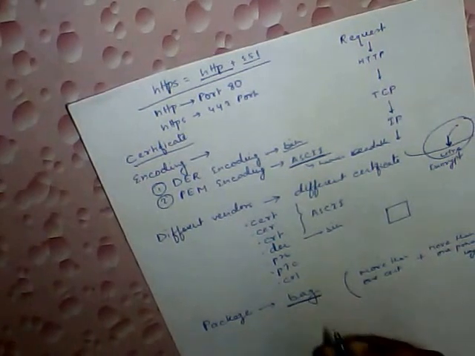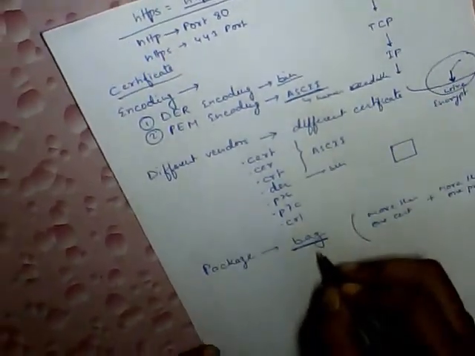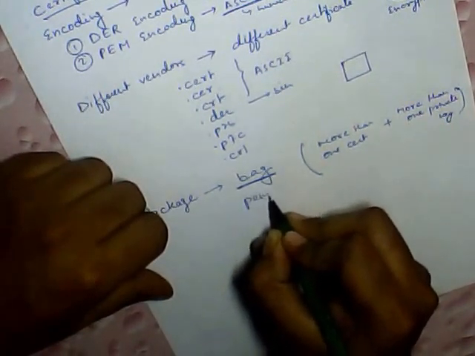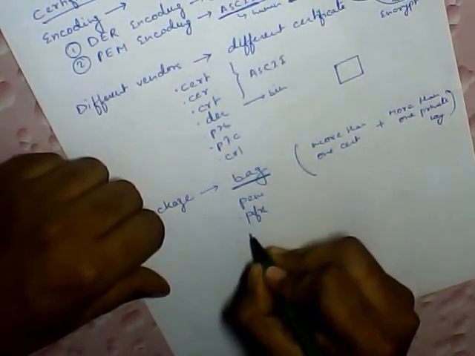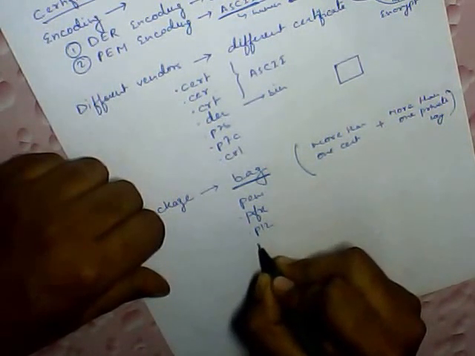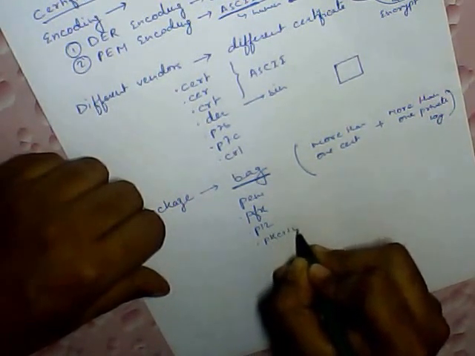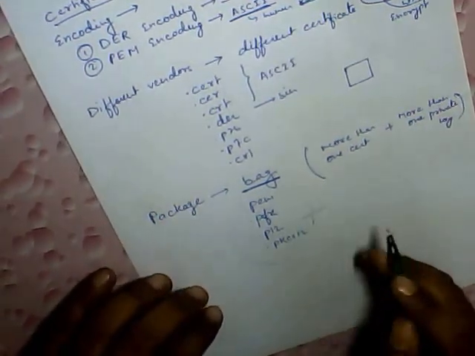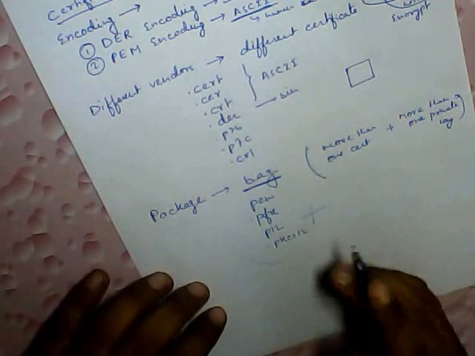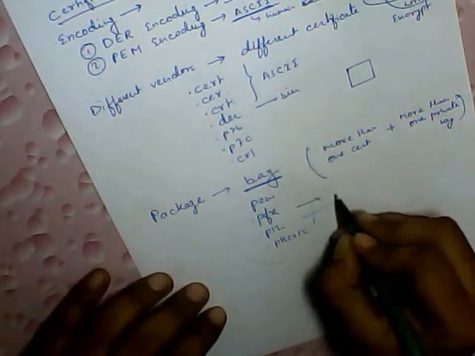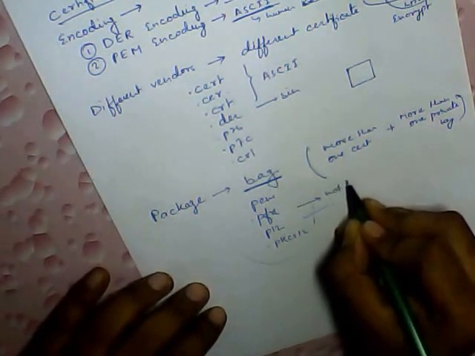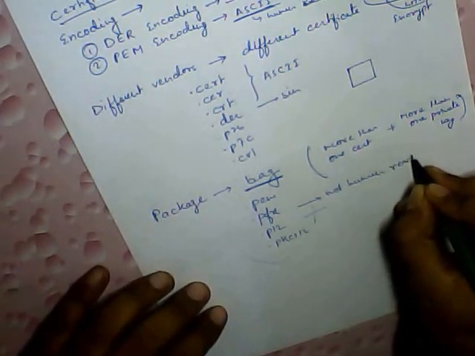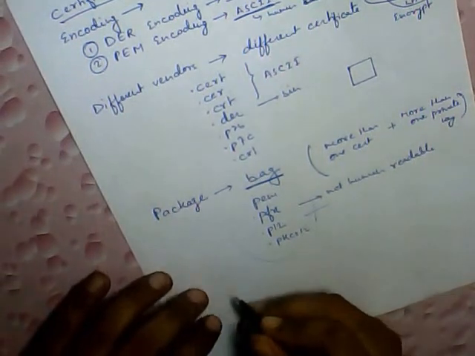Even here in the bag, for different companies we have different formats, like PEM format, PFX format, P12 format, PKCS 12 format. So we have so many formats here as well for bags. Again, these are all proprietary, and these we cannot see, they are not human readable. If we right click, it will not be human readable.